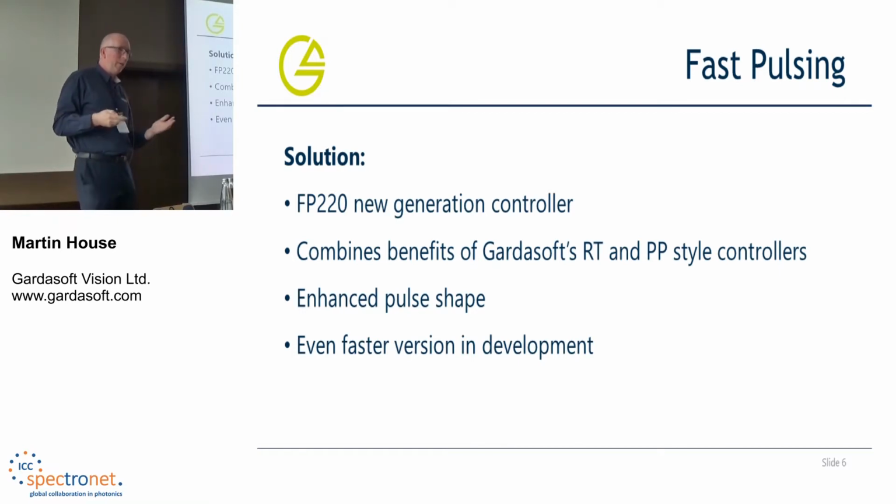So we're maximizing the illumination. And we have already started looking at new technology to make things go even faster. So watch this space. Maybe by the time we have the next STEMMA forum, we might be able to do a little demonstration of exceptionally fast pulsing.